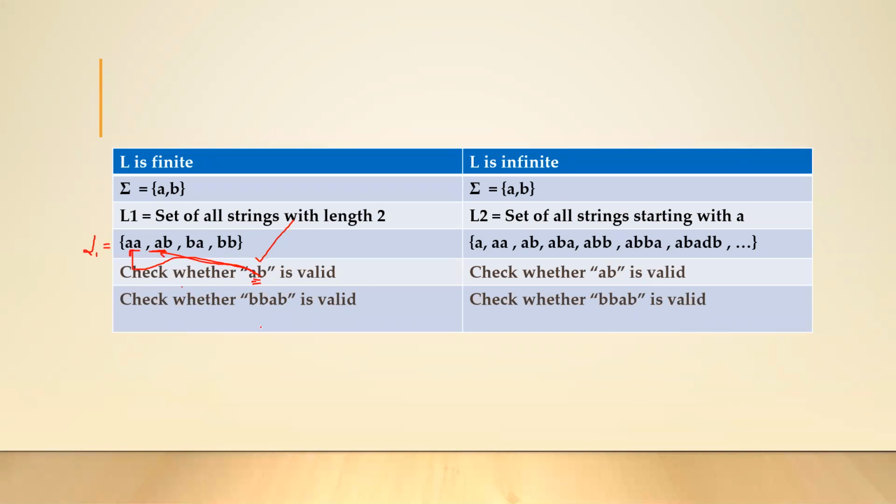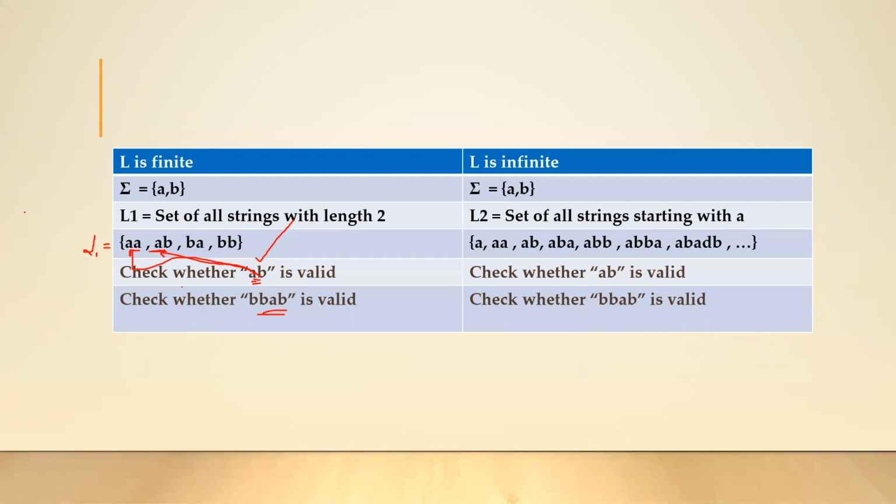Now let's check whether I have a particular string, BBAB. Is BBAB a valid string in your language? Your language consists only of strings with length 2 over the alphabet A and B. But they're asking the question, is BBAB valid?